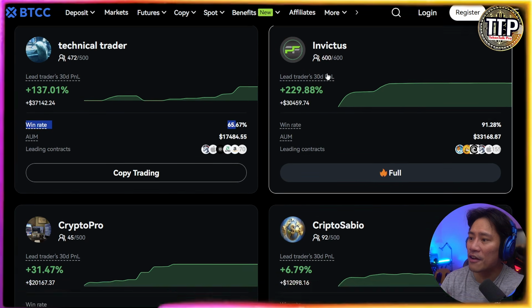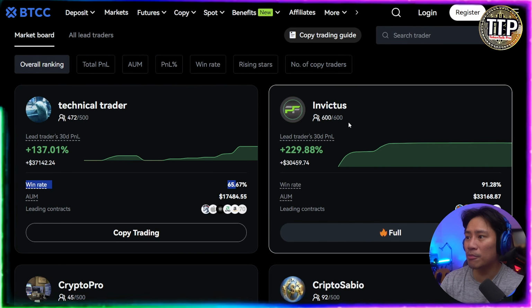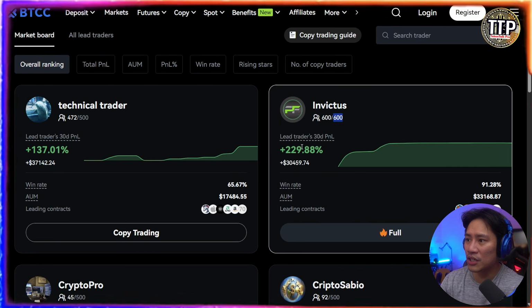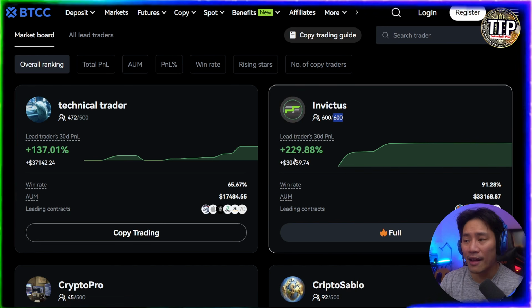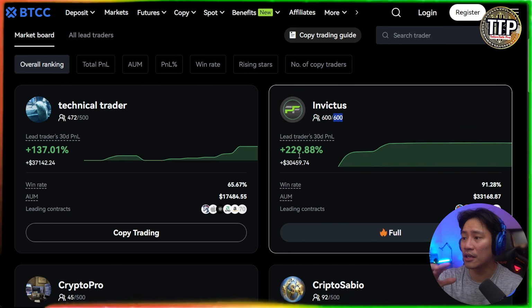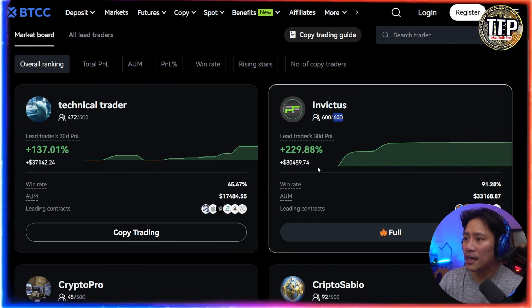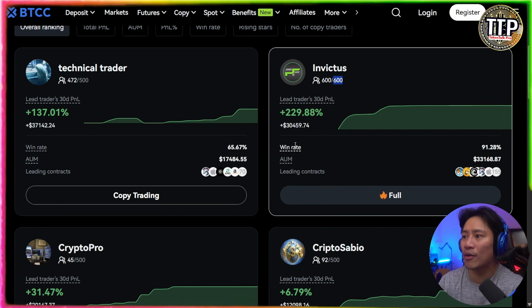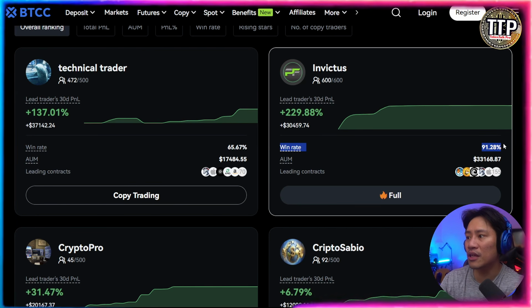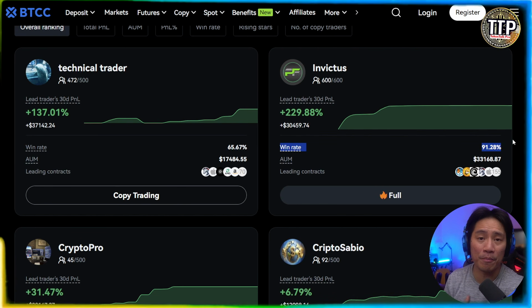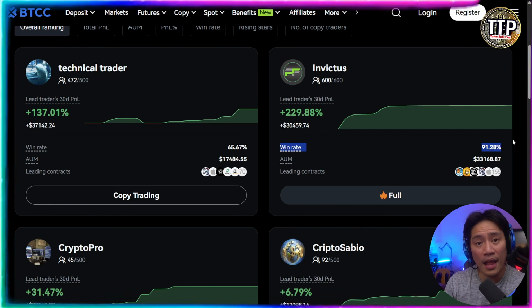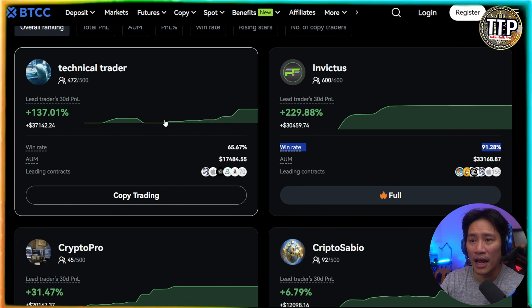And then you have Invictus, and it actually explains the reason why it is full: 600 out of 600. Lead trader's 30-day PNL is at 229, actually close to 230%, and you have 30,459 on the plus side, with the win rate. Now, this one right here, guys, if you were to ask me, this is what matters if I am going to be choosing the one that I'm copying.